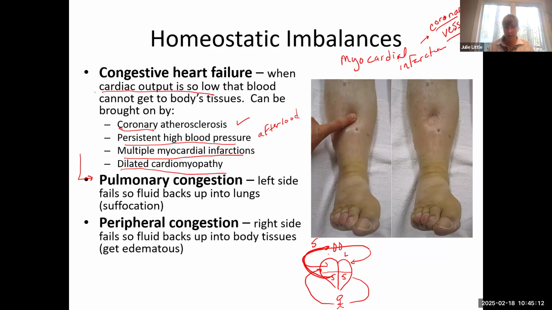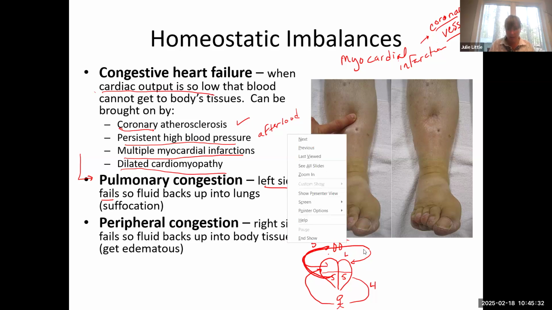For some reason, this left side is only pumping 4 liters out. So what's happening is if the left side starts to fail, it's not pumping as much blood as the right side. So the right side's going gangbusters, just sending all the blood to the lungs. Well, guess what's going to happen? That's going to increase the blood pressure in the lungs.